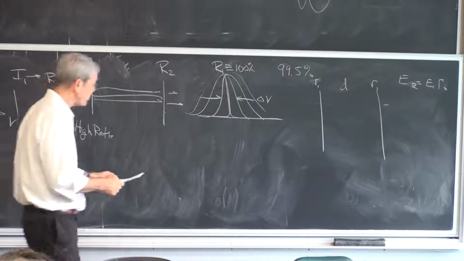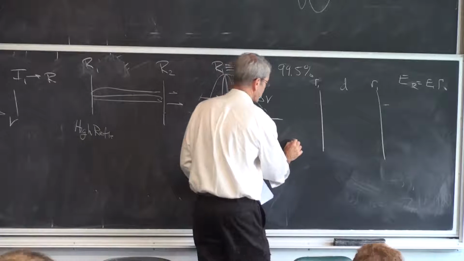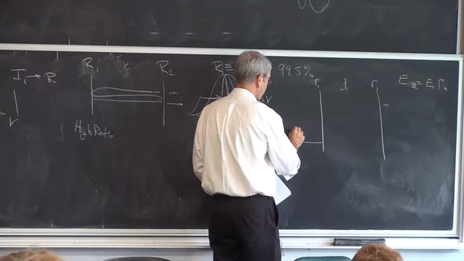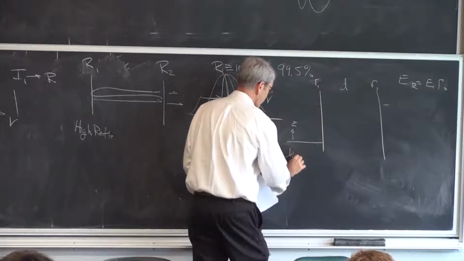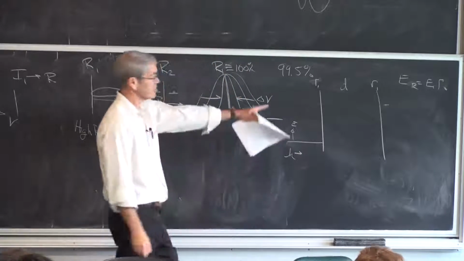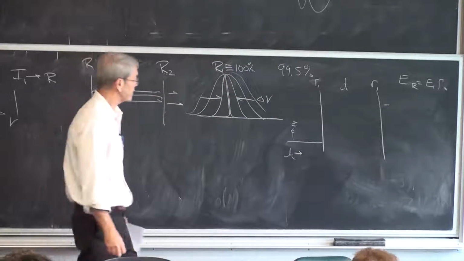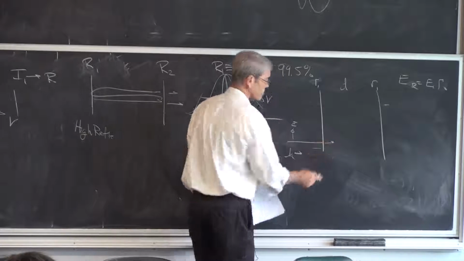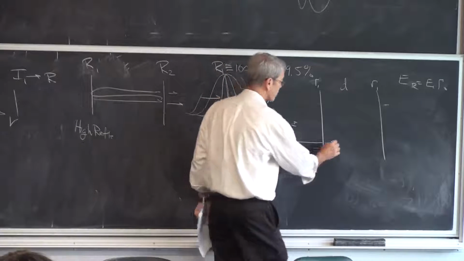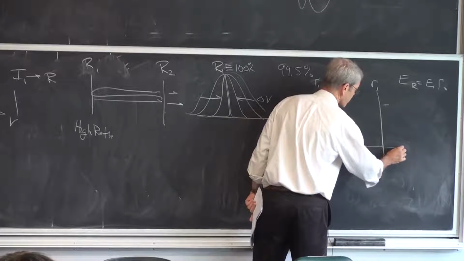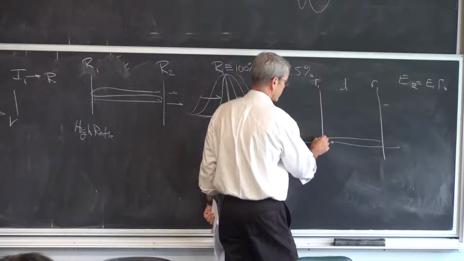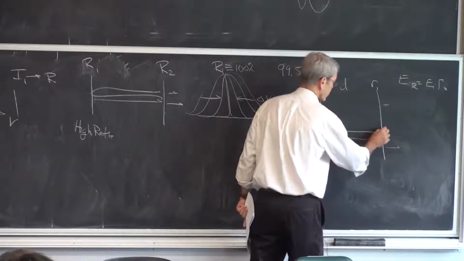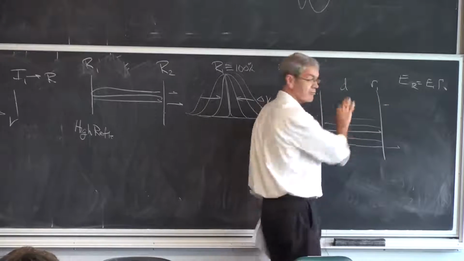Let's imagine we bring some beam in, with an electric field and a K vector, and it's incident on this. Some of it reflects away, but some transmits. The transmitted part goes in, and some transmits and some reflects, and it's just going to do this forever.